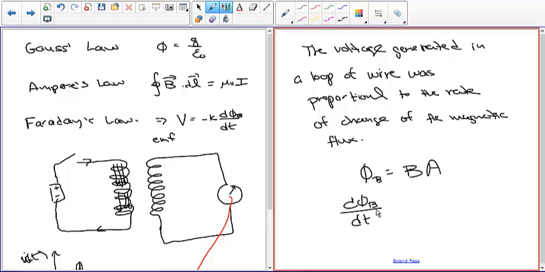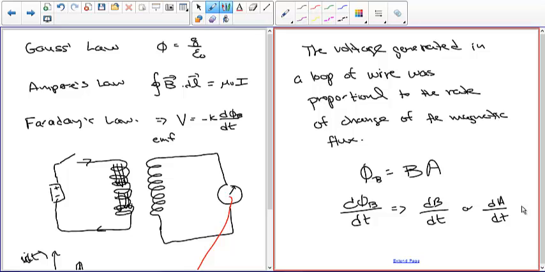So Faraday's law says it's the rate of change of the flux with respect to time. How can you do that? Well, you can change the magnitude of the magnetic field, or you could change the area somehow or another. So both of those will change the flux.